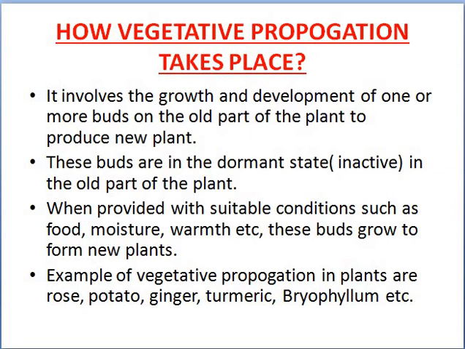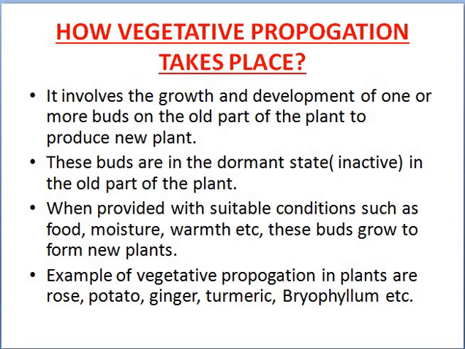What are the favorable conditions for a bud to grow? Food, moisture, warmth, etc. When all these conditions are fulfilled, the bud will start growing, and as the bud grows, it will form a new plant.